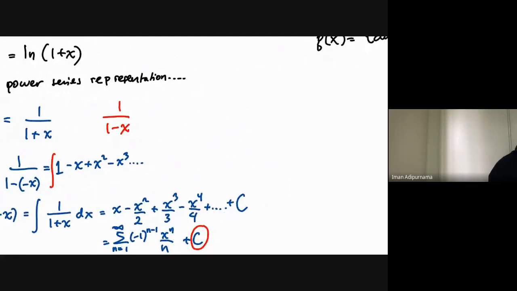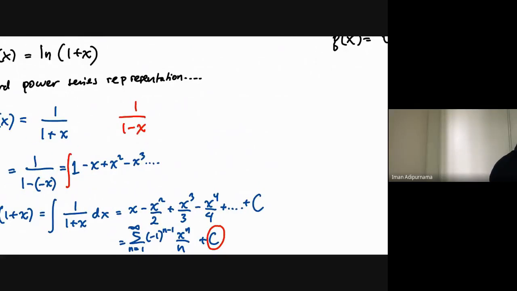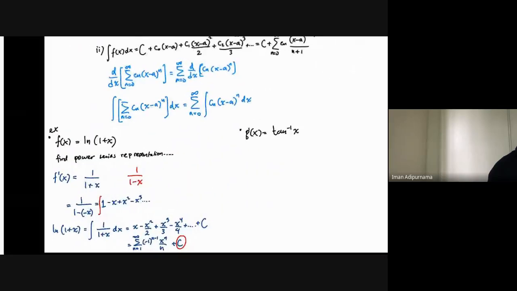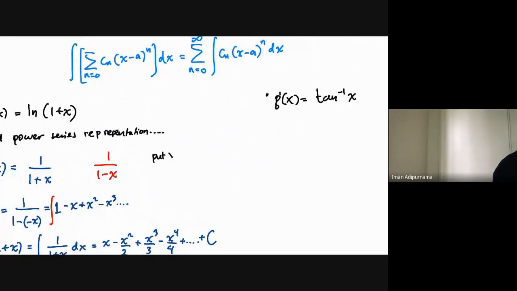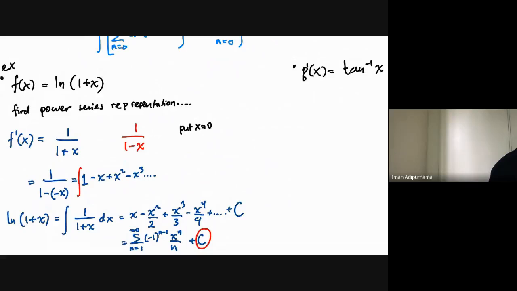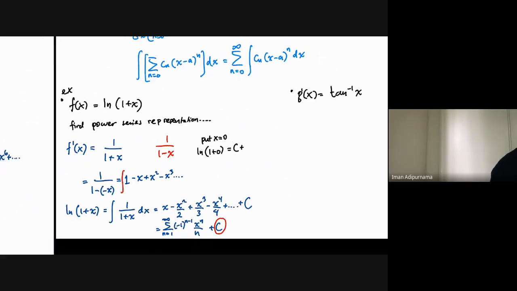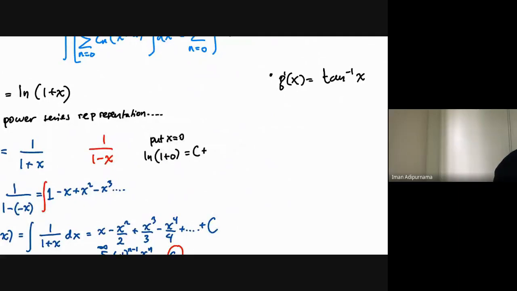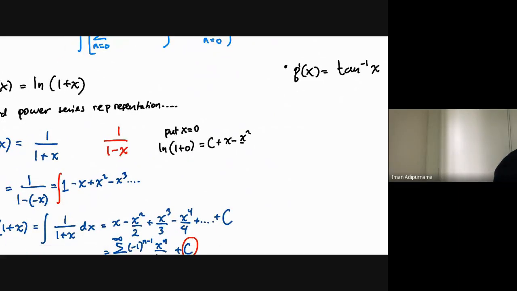Putting x equals 0, ln of 1 plus 0 is equal to C plus x minus x squared over 2 and so on, and all this part will be 0.